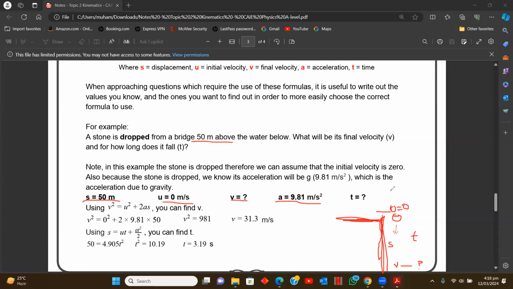Why? Because it is basically the value of gravity, and it indicates that the object is falling under the influence of gravity only. Hence, it's free fall motion. Free fall motion means that the object falls solely under the influence of gravity and not under any other influences. So this is why you can assume that 9.81 meters per second squared is the acceleration.